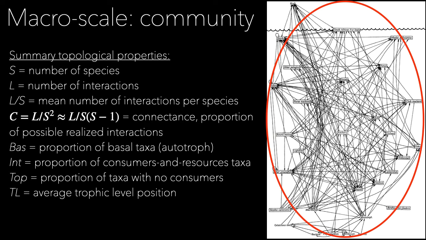And this can tell us about how the flow, the transfer of matter and energy, is going to move from basal to top. At the top, indeed, we have these taxa with no consumers, and its proportion tells us about the sustainability of the food webs.